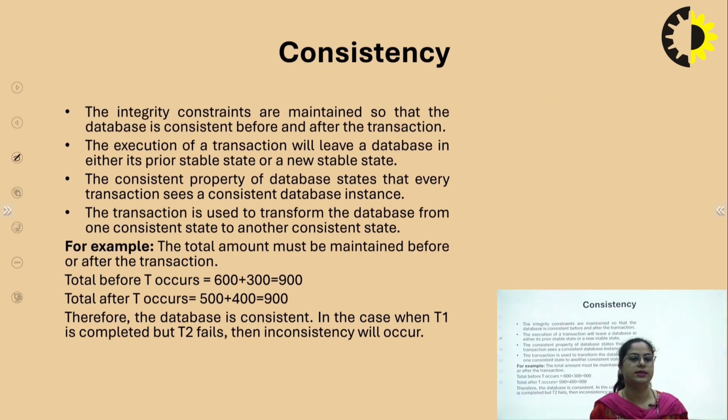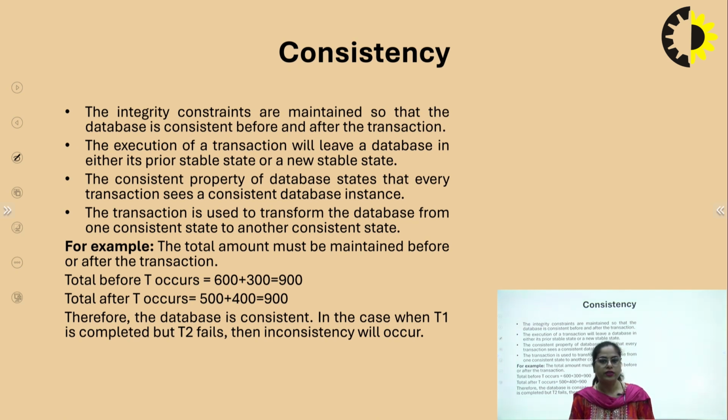Now the consistency. What is consistency? In one line we can say that before and after the operations are performed, the value of the data will be the same. There is no change in the value of data before and after performing the various types of operations.